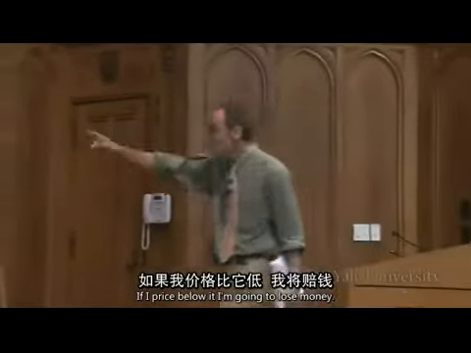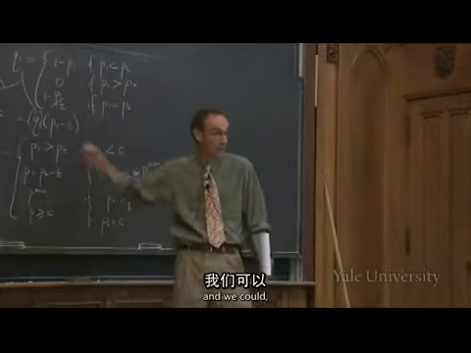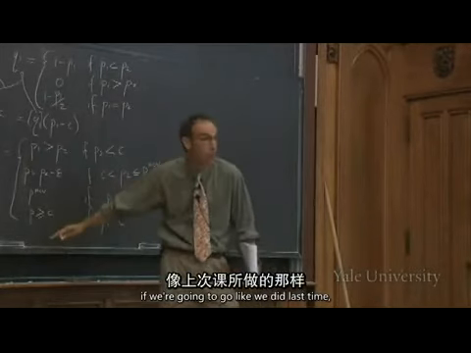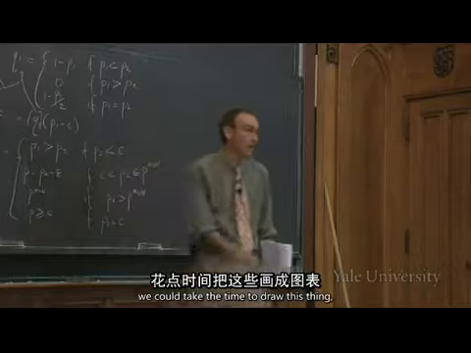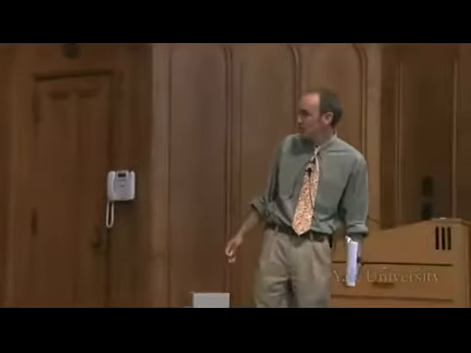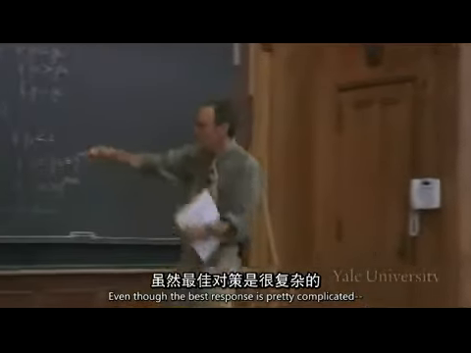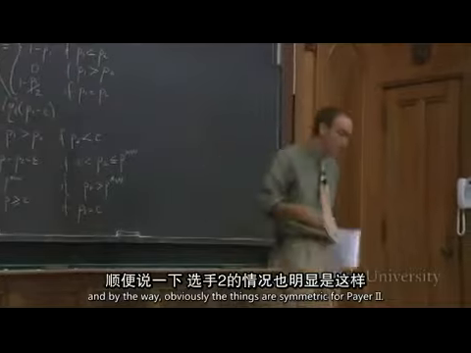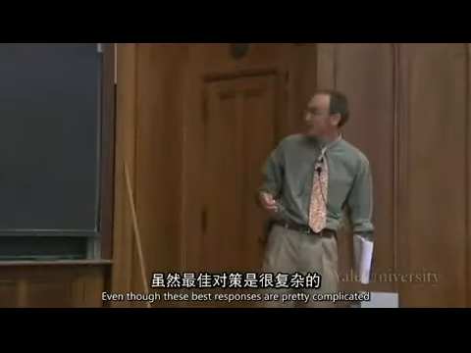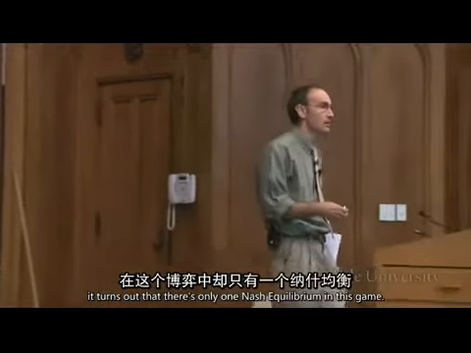So this best response actually is a pretty complicated object, and if we were going to go like we did last time, we could take the time to draw this thing, but it's a bit of a mess, so I won't worry about doing that right now. The best response is pretty complicated. And by the way, obviously the things are symmetric for player 2. Even though these best responses are pretty complicated, it turns out that there's only one Nash equilibrium in this game.